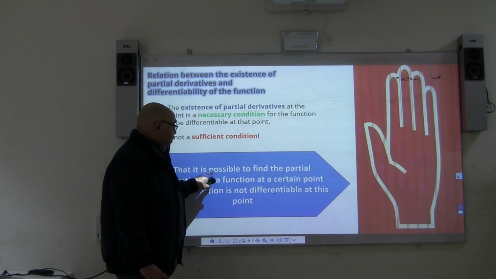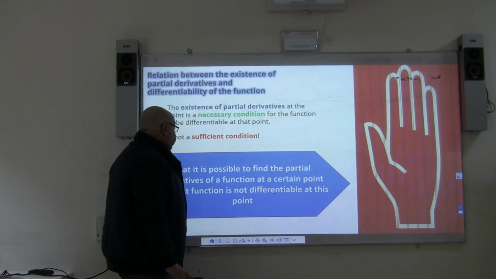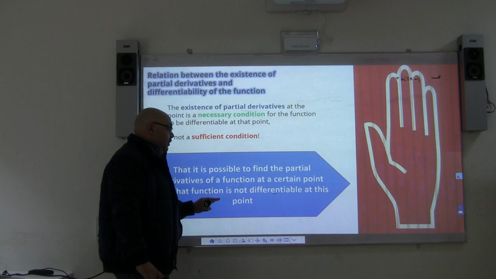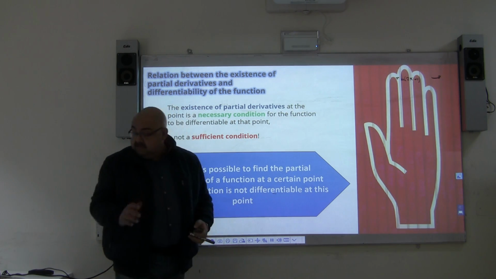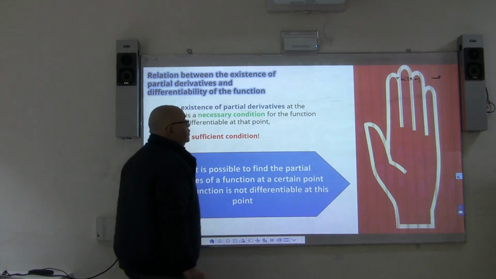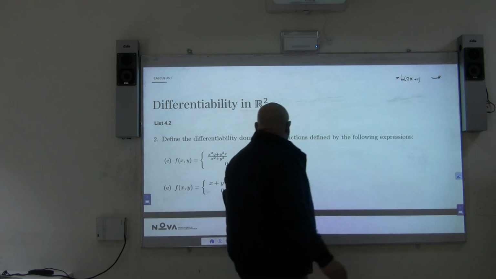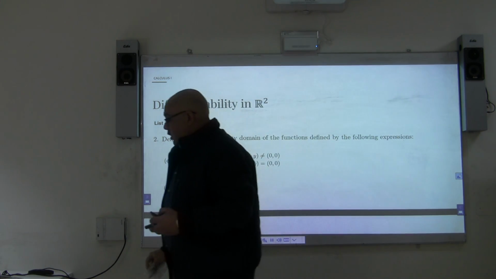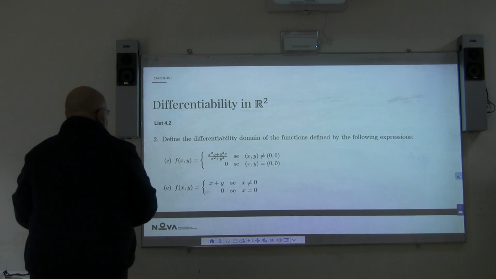It is possible to find the partial derivatives of a function at a certain point, and that function is not differentiable at this point. So you can find your partial derivatives, although your function is not differentiable. I believe you have here a couple of examples on these issues.